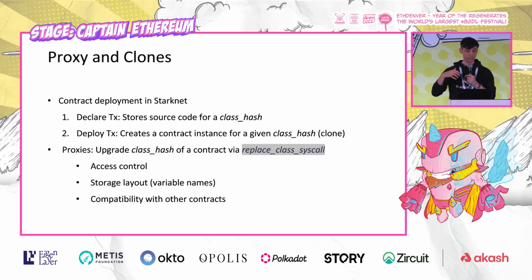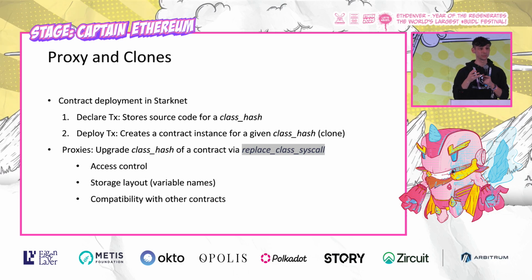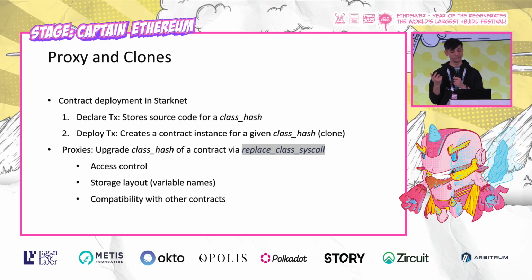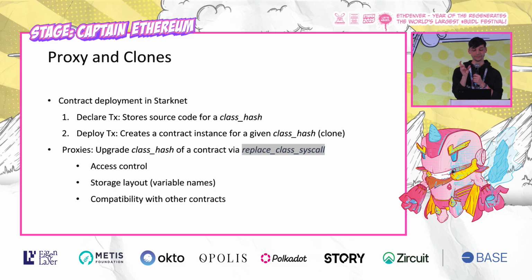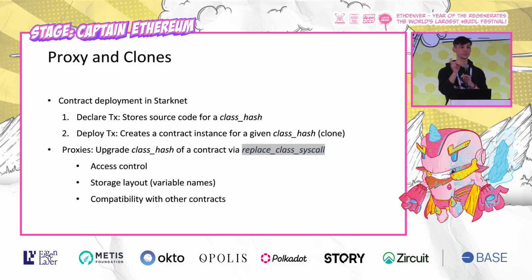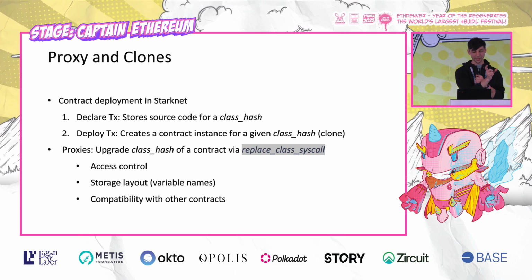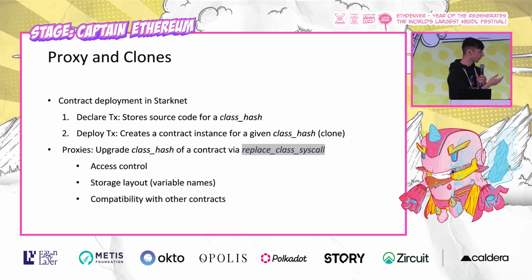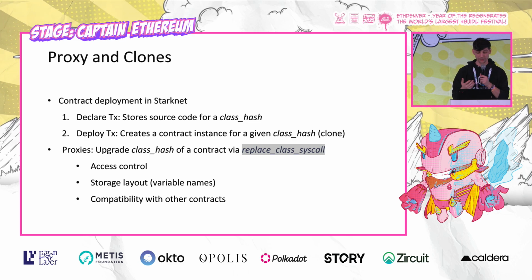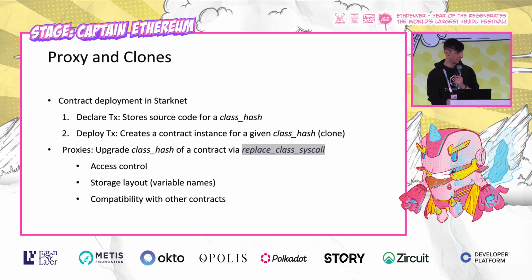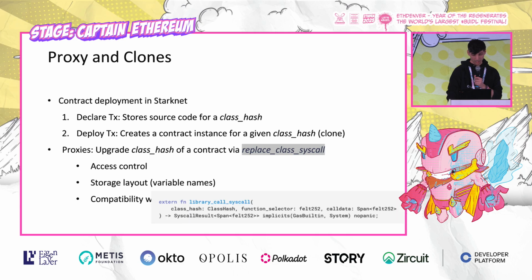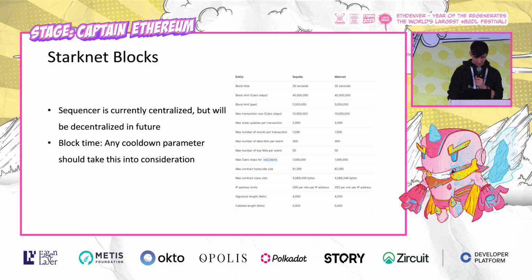And when you upgrade, make sure that the variable names match, because as we saw earlier, the variable names influence where they are stored in storage. And of course, when you upgrade, you should always check the compatibility with other contracts you are integrating with.